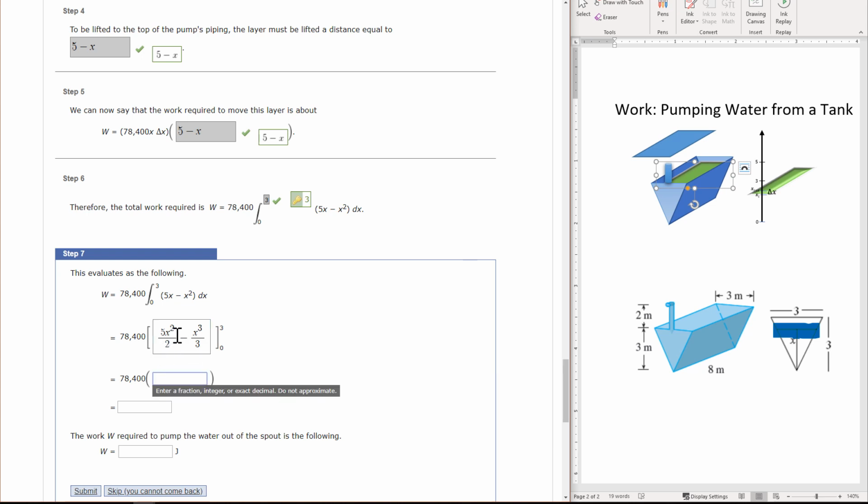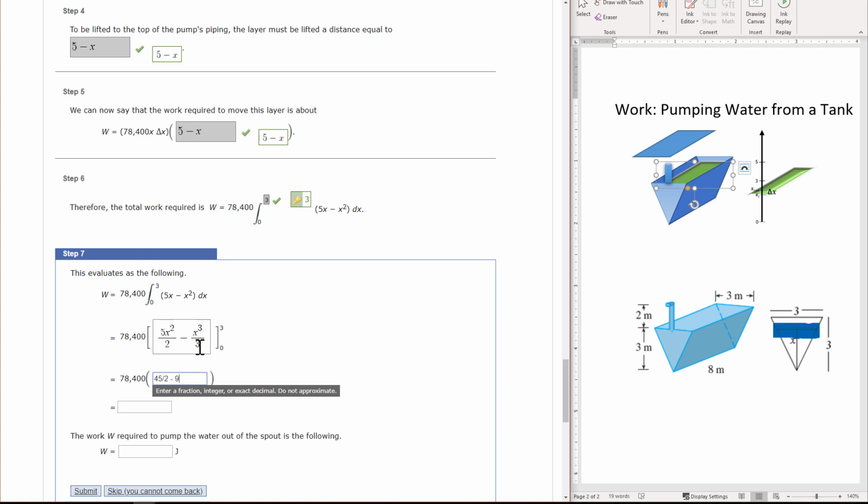It looks like we're going to get 3 squared is 9. 9 times 5 is 45. 45 divided by 2. And then we're going to need to simplify this, but let's just work this out right now. 45 divided by 2, and then we have 3 times 3 is 9 times 3 is 27. 27 divided by 3 is 9. So this is just going to be 9.